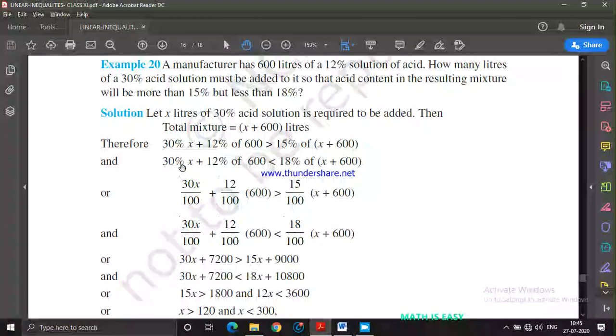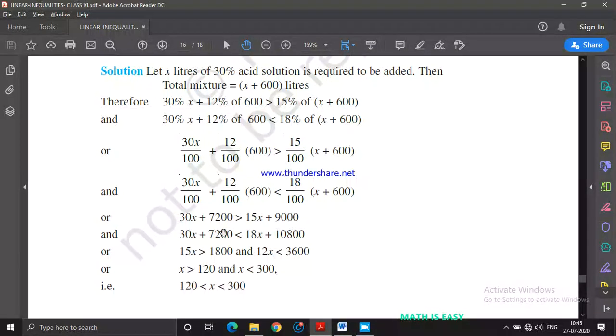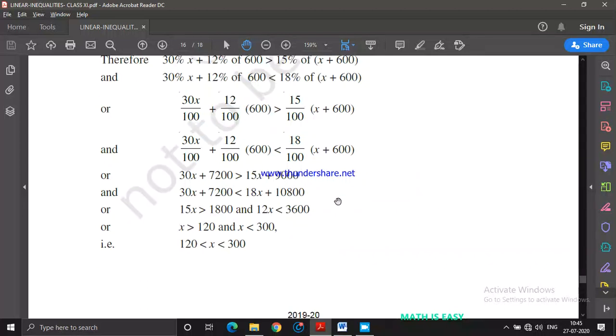Once you make the equations, 30% means 30/100 into X plus 12/100 into 600 is greater than 15/100 into X plus 600. The 100 will get cancelled everywhere. And the second equation, 30/100 into X plus 12/100 into 600 is less than 18/100 into X plus 600.